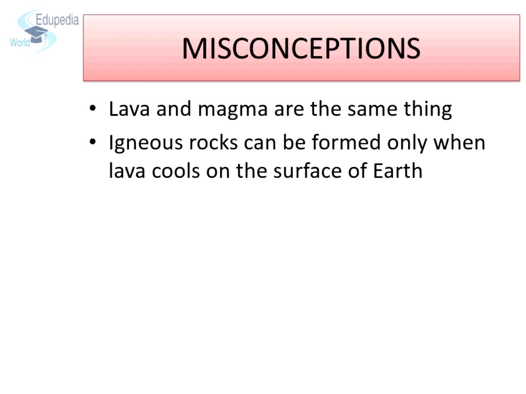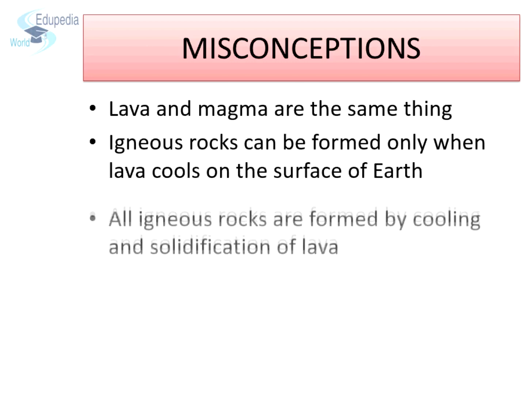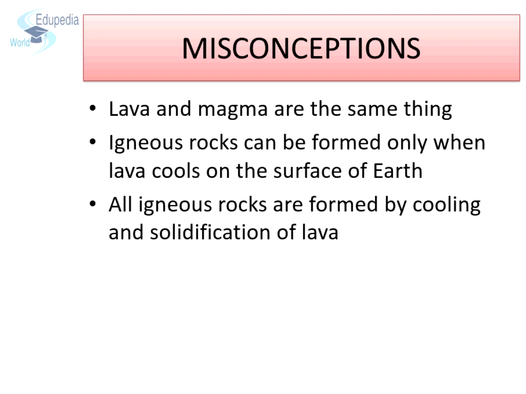Few people think that igneous rocks can be formed only when lava cools on the surface of Earth. Some of us believe that all igneous rocks are formed by cooling and solidification of lava. Well, all these are misconceptions. Let us understand the facts.